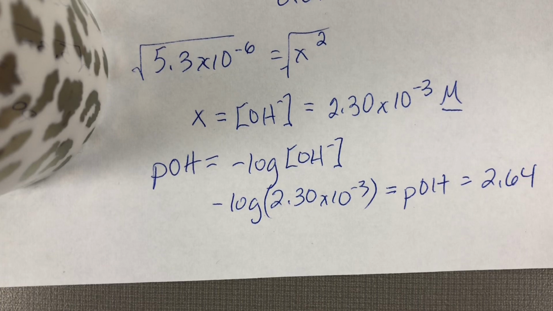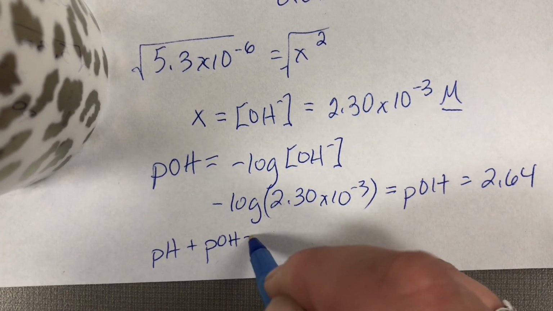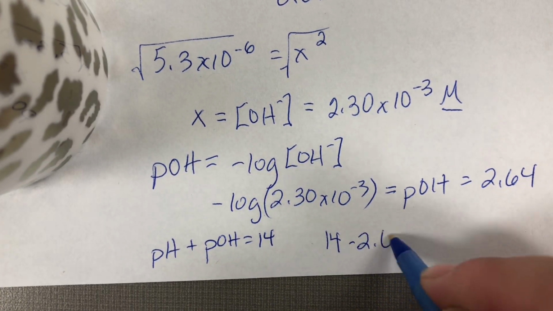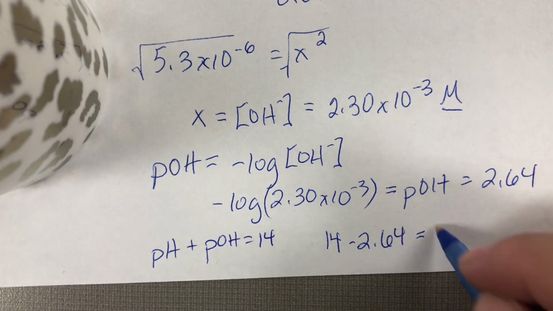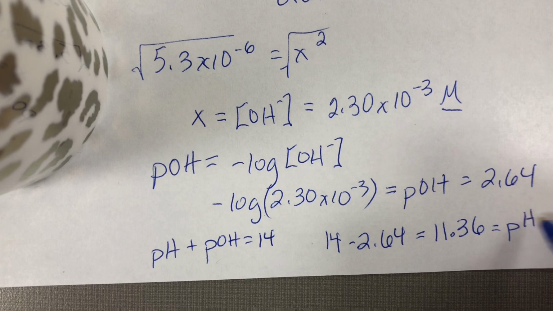And since we're solving for pH, pH and POH add up to equal 14. So we'll just do 14 minus that 2.64, and we get a value of 11.36 for that pH.